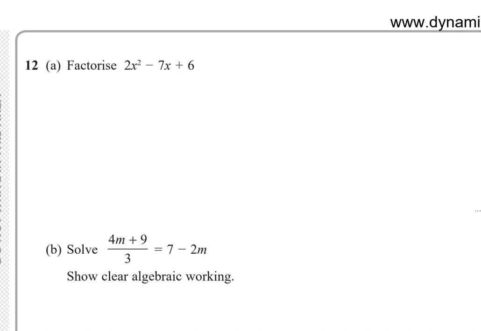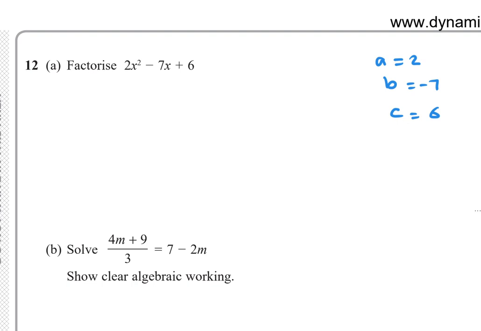Number 12, a: factorize 2x squared minus 7x plus 6. You can use your calculator, mode 5 3. Then write a equals 2, b equals negative 7, c equals 6.